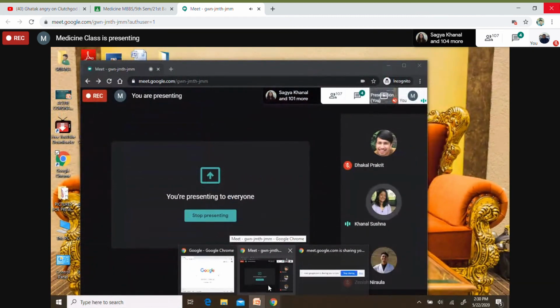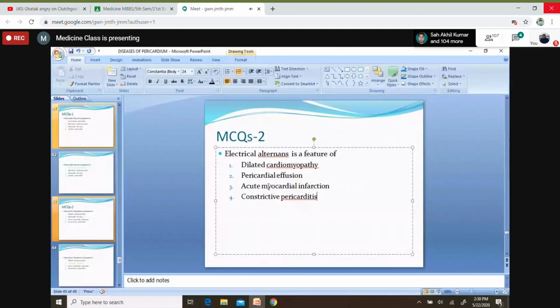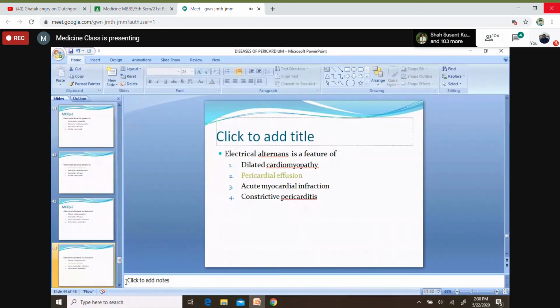If the option is cardiac tamponade, it can be cardiac tamponade as well. So pericardial effusion or cardiac tamponade is the answer.